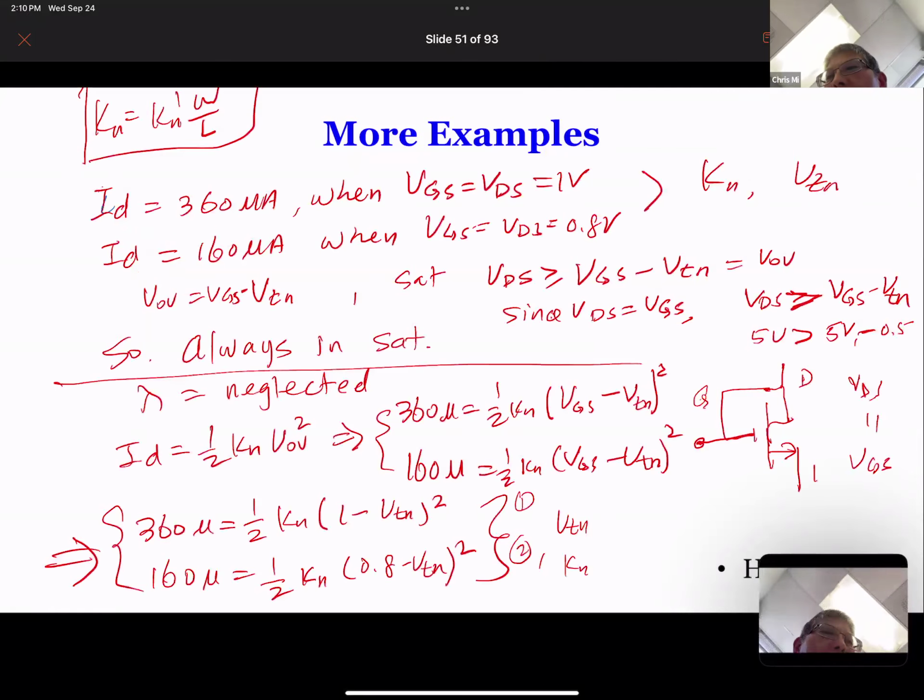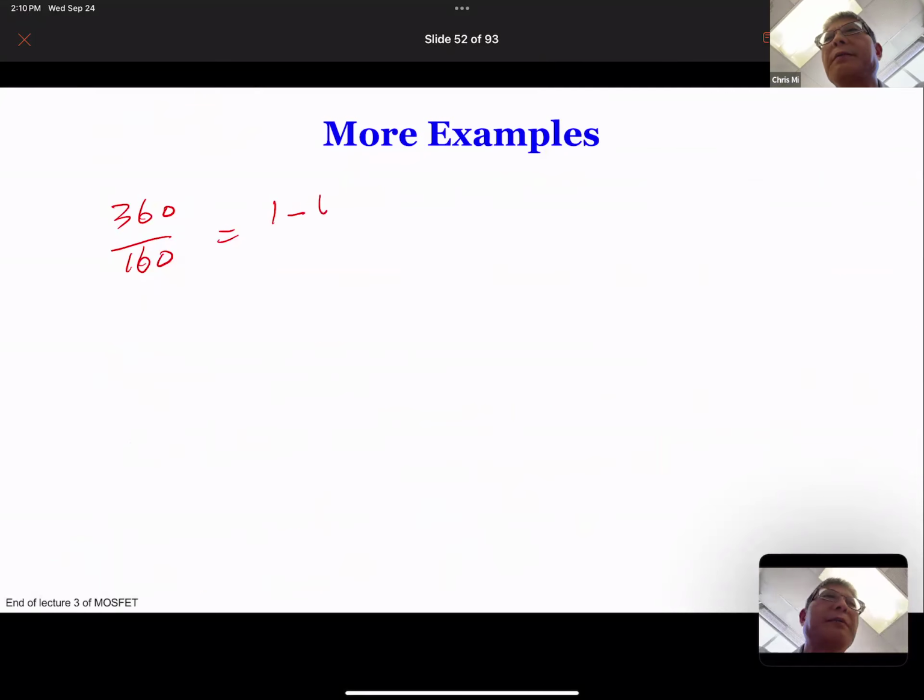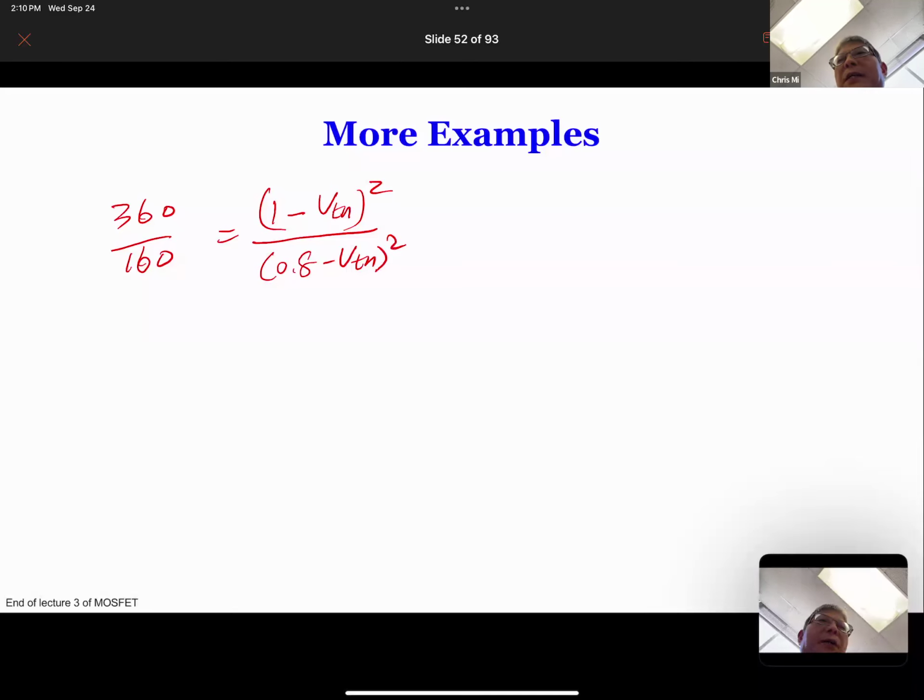which is 1 minus VTN, squared, over 0.8 minus VTN, squared. From here, we can find VTN.